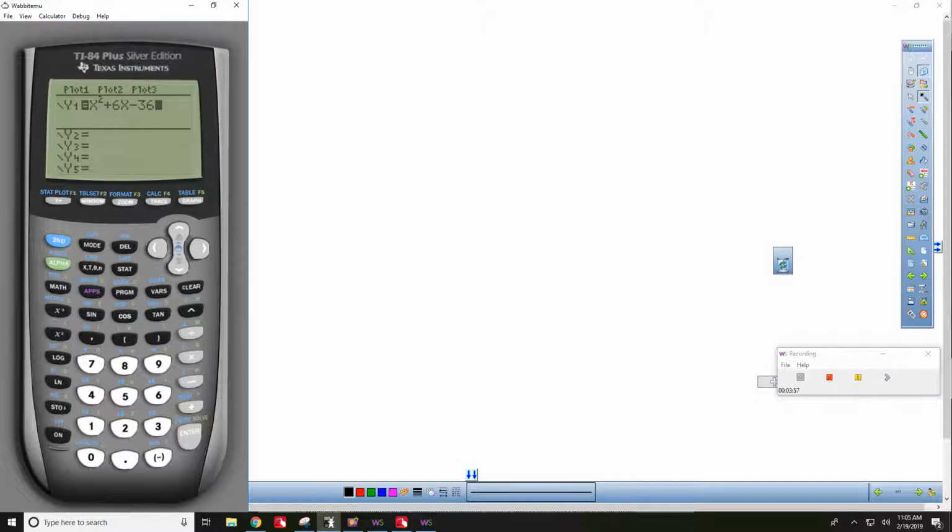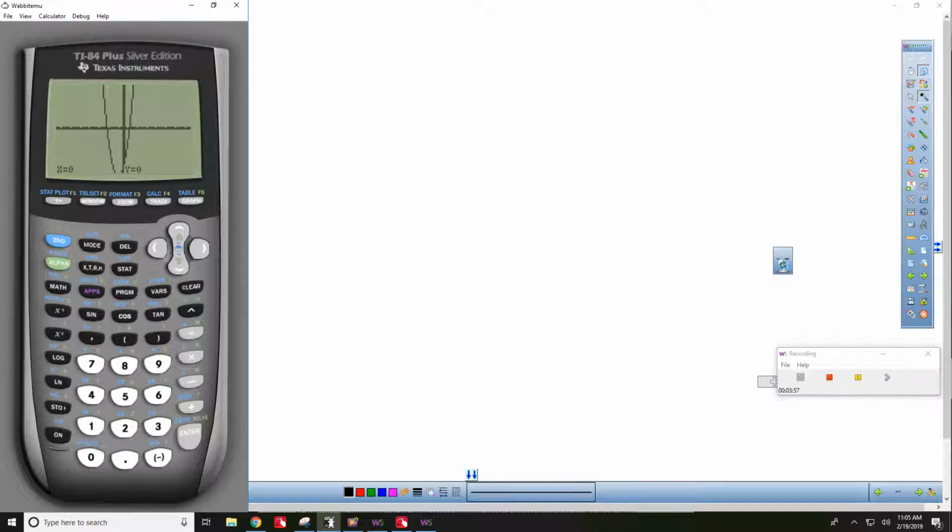Let's see what it looks like. I'll zoom out so you can see a little better. All right, so it does hit the axis twice. So there are 2 answers. We know how to find them. Just so you know, you don't even need the quadratic formula. If you use your calculator, it's doing the job of the quadratic formula.